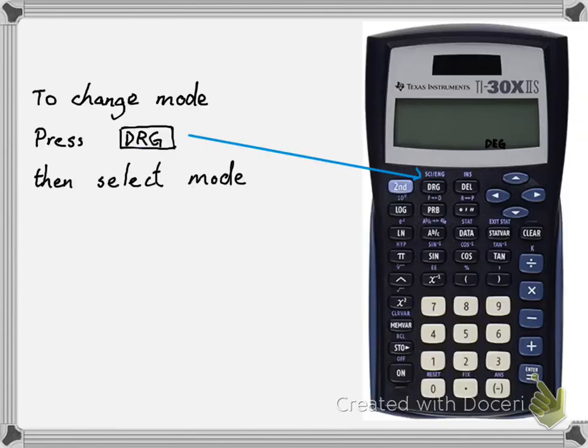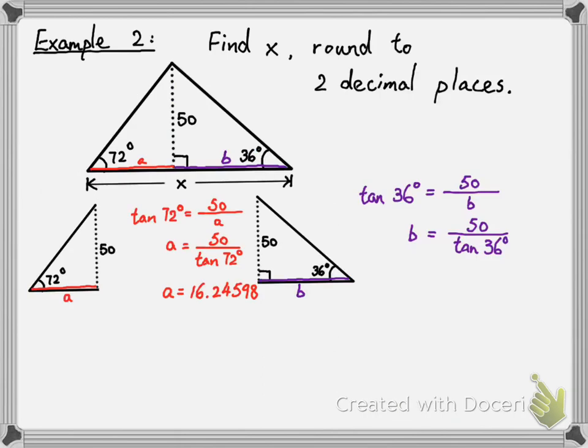Again, when you use the calculator, be sure it is in degree mode in this problem because the instruction is in degrees. So now, as we have 50 divided by tangent, open parentheses, 36 degrees, the calculator gives us 68.819096.